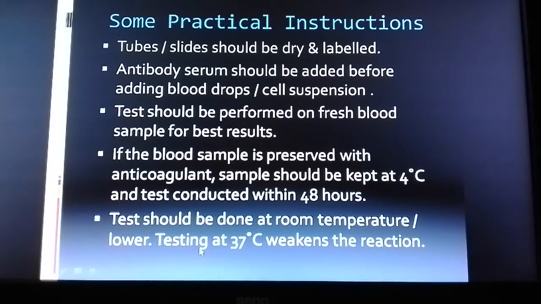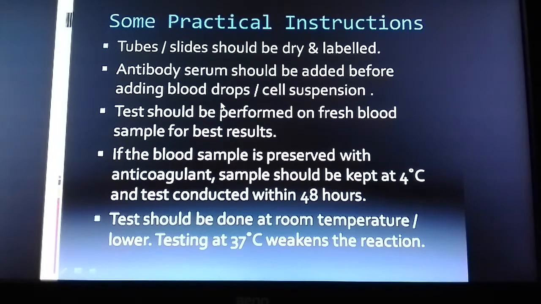And if the temperature is 37 degrees Celsius and more, that would weaken the reaction. So the temperature must be less than 37 degrees Celsius. And there is no doubt the tube slides must be kept dry and properly labeled.